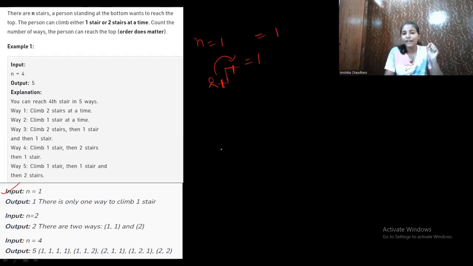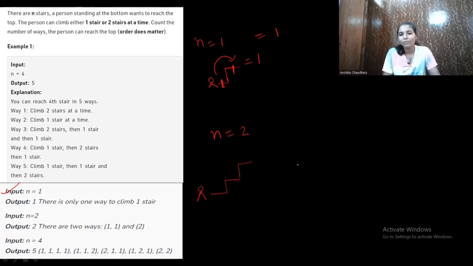Now suppose n equals 2, that means the total count of stairs is two. So now the person has to climb two stairs. How many possible ways are there for a person to reach the top for two stairs? This is our base, this is our first stair, and this is our second stair. Now the person is standing at the base.